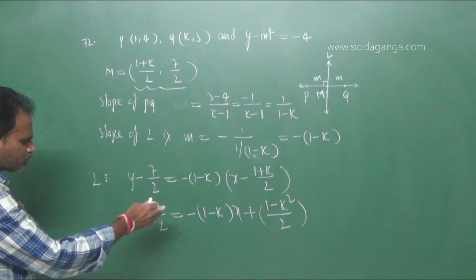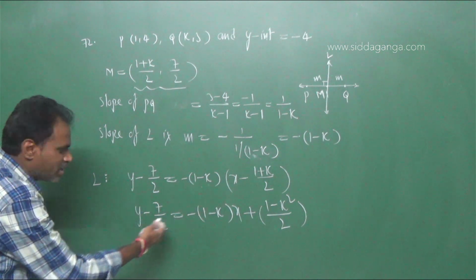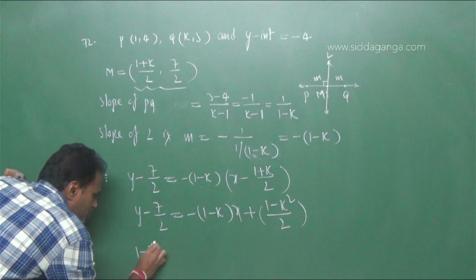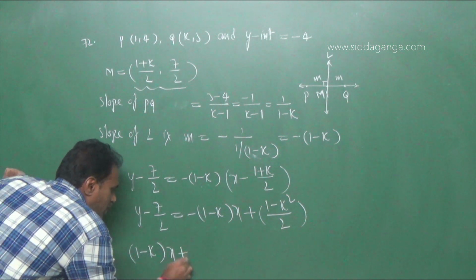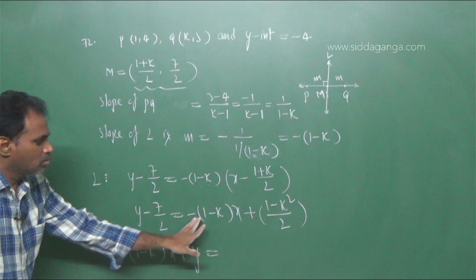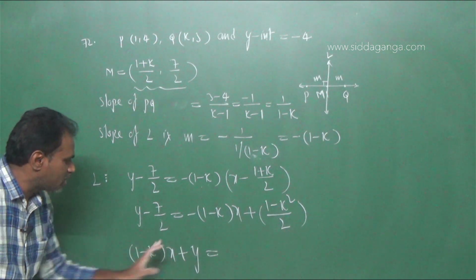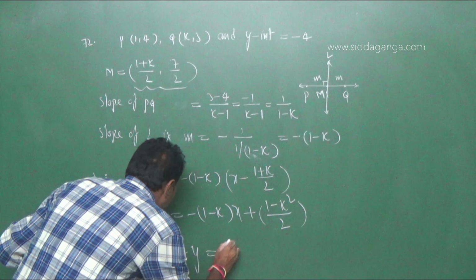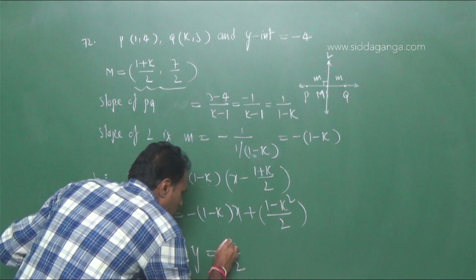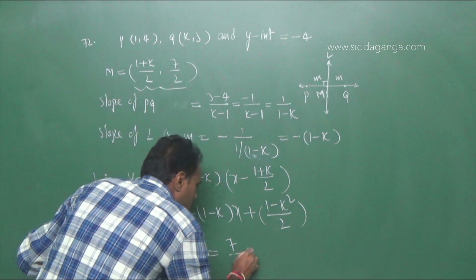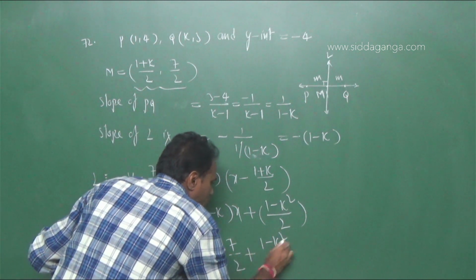Now all x and y terms write on one side, that is (1 minus k) into (x plus y), minus of (1 minus k) into x written on the left side, (1 minus k) into x plus y, it is equal to 7 by 2 plus 7 by 2 plus (1 minus k) square by 2.